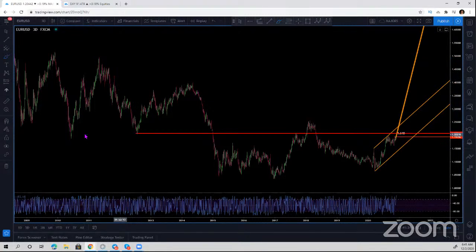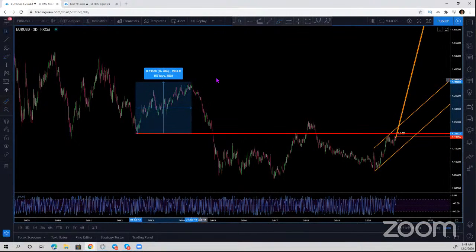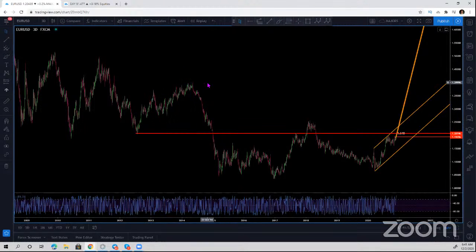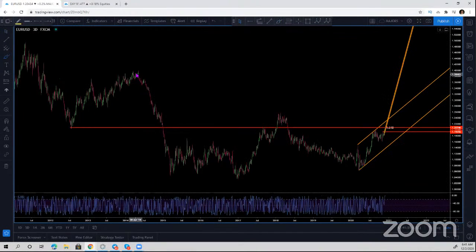And what happened here, and also here, is that bears lost control of the move and bulls jumped into the market, right? And price reversed for a 2000 pip rally. Eventually, bears took control again of the market and they broke that level, okay?